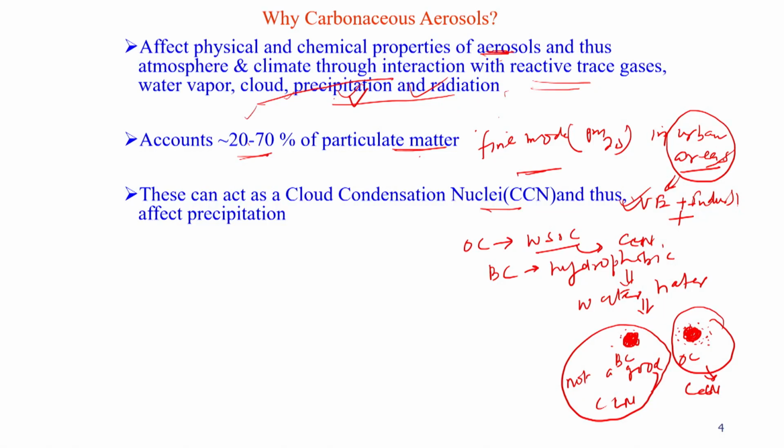If some secondary organic carbon is deposited here, when the surroundings become cooler, this has more energy. What will happen? It will try to heat its surface and release its energy. When it releases the energy, if there is water vapor on this one, the water vapor can be evaporated.